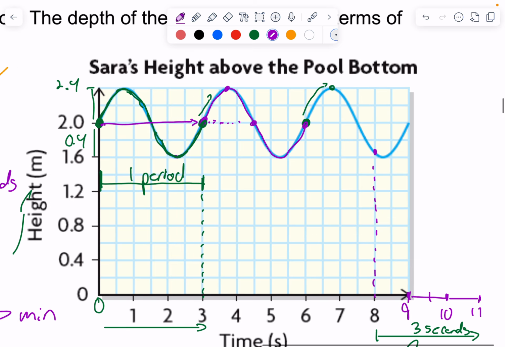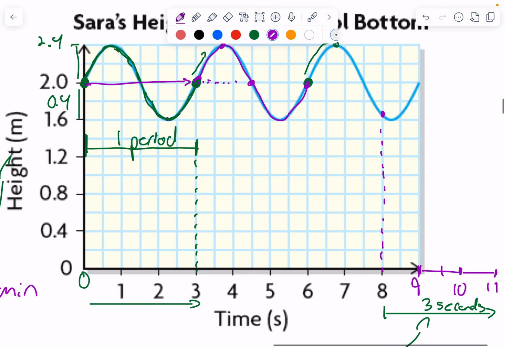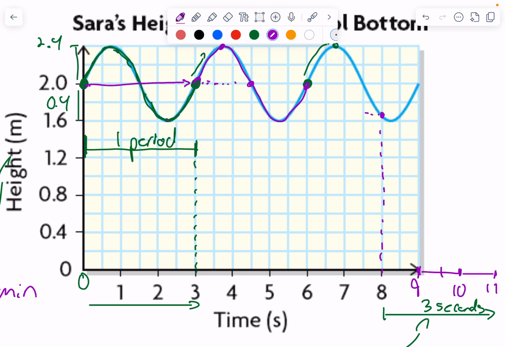So let's zoom in on that. That's 8. Okay, and what value does that give us? My line's not super straight, but that gives us a value of, looks like 1 point, I don't know, let's call it 1.7. Let's say at 8 seconds, you're at 1.7 meters.